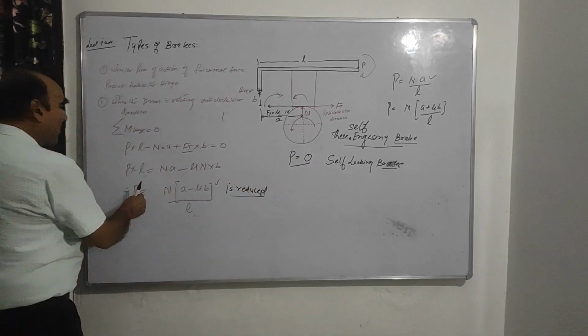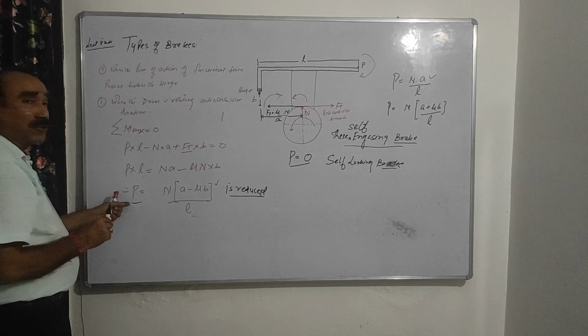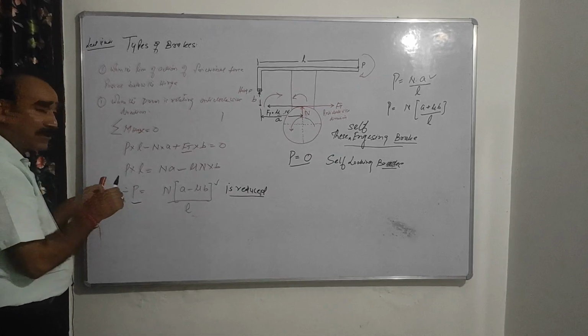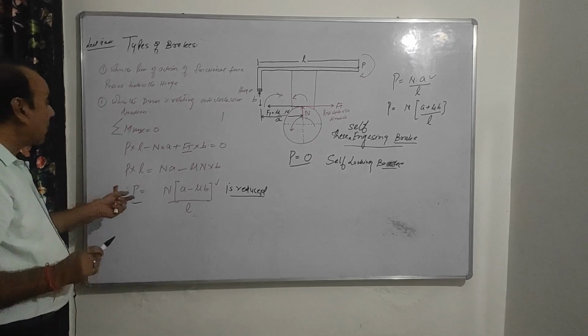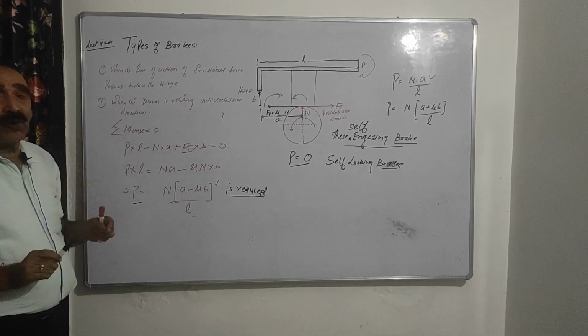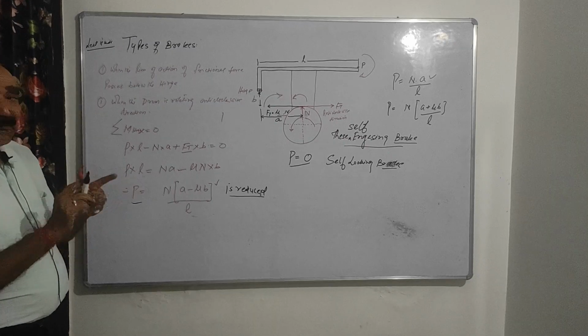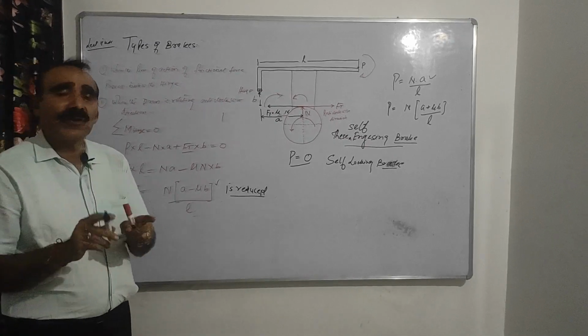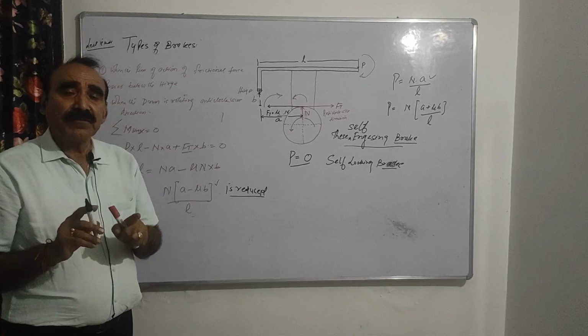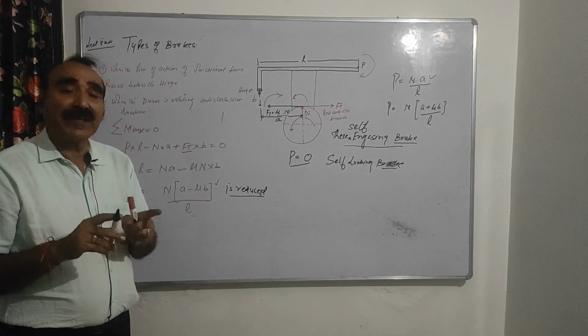So here the effort P has been reduced, but if it is reduced considerably and at one point the effort P becomes 0, it means the brakes are not under your control. Such brakes are called self-locking brakes.